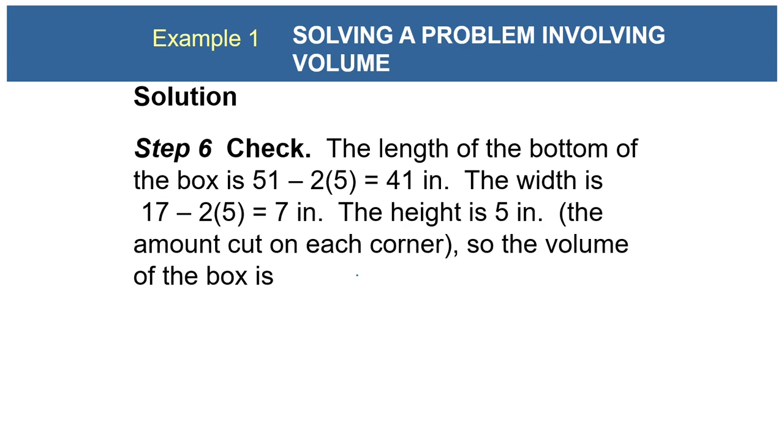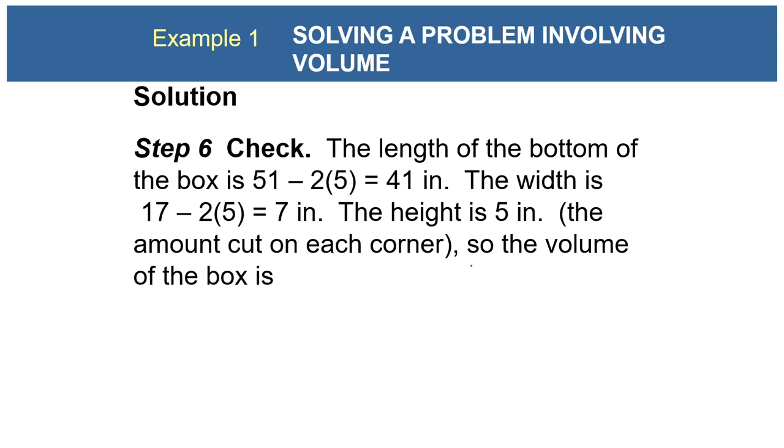Let's check to make sure our solution is good. The length of the bottom of the box is 51 minus 2 times 5, which is equal to 41. The width is 17 minus 2 times 5, which is equal to 7 inches. The height is 5 inches, the amount cut on each corner.